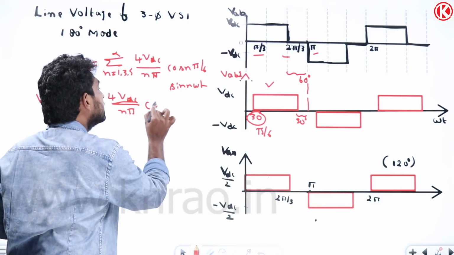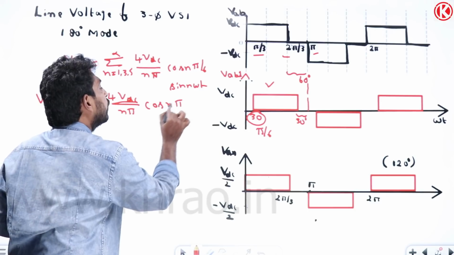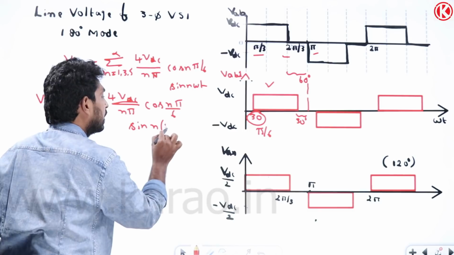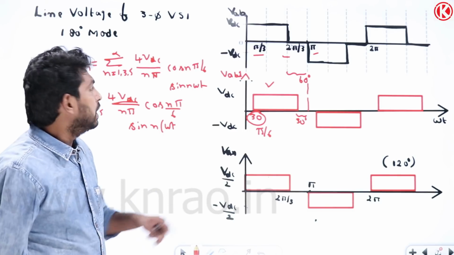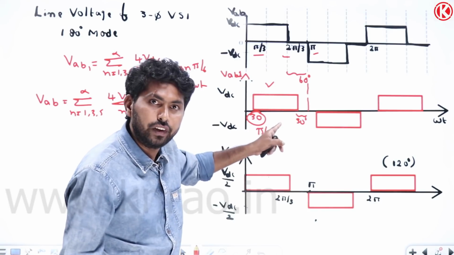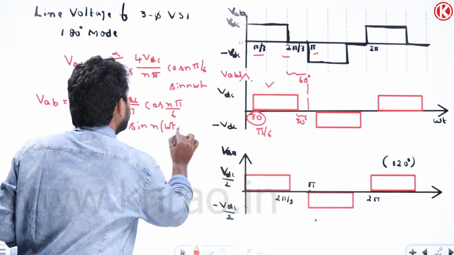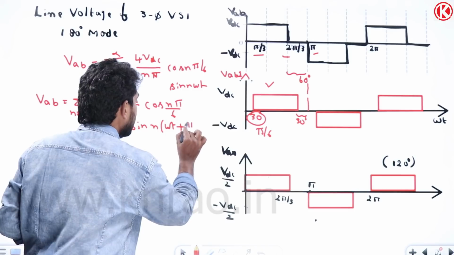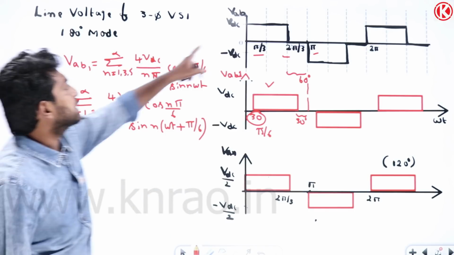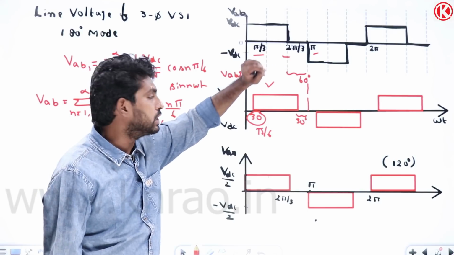Cn will not change. What will change is the phase, so we need to add the phase here. Because VAB is leading VAB1, we need to give here 30 degrees, that is pi by 6. So this is the expression for this waveform.